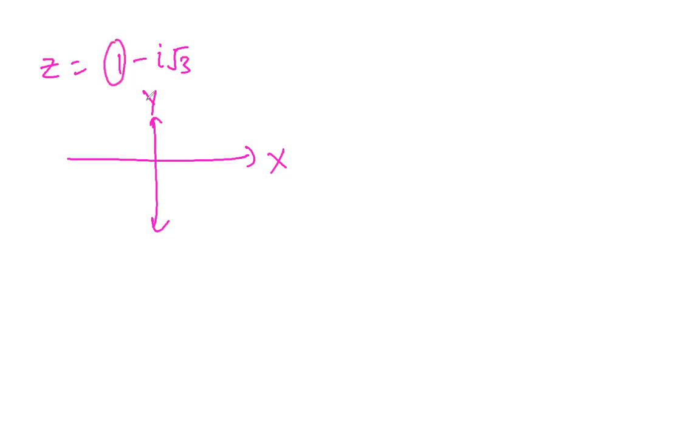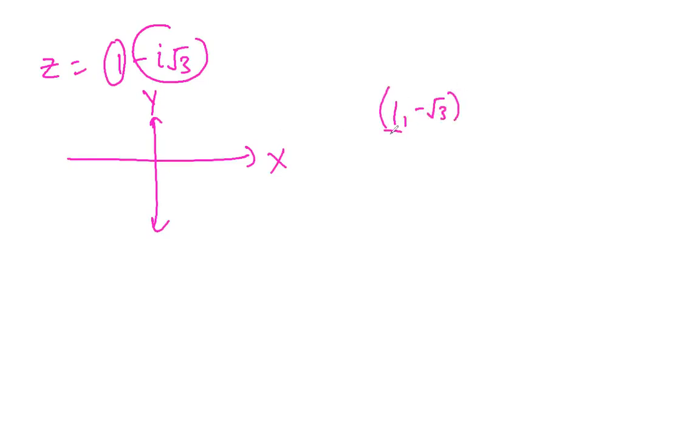Now if the question is written this way, z is equal to 1 minus iota root 3, can you tell me in which quadrant this complex number lies? Simply we will draw the complex plane, which is x and y. The real part of the complex number is 1, and the imaginary part, which is with iota, is minus square root of 3.